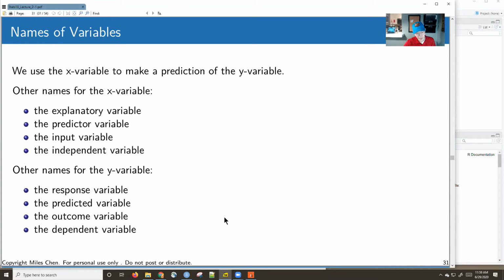I don't like independent variable for x and dependent variable for y because in the next chapter, when we talk about probability, we'll talk about independent and dependent events. Those words take on specific meanings to me, and they don't quite fit when we're using x and y variables.